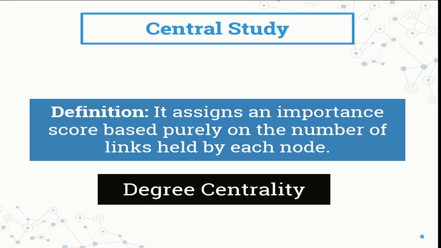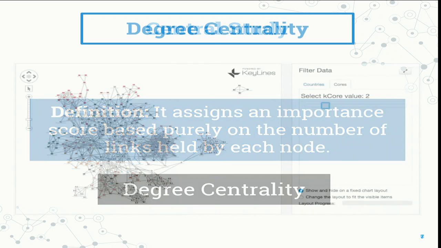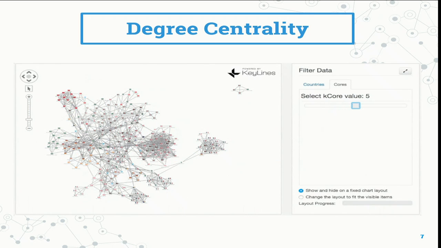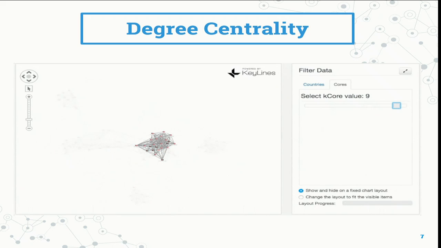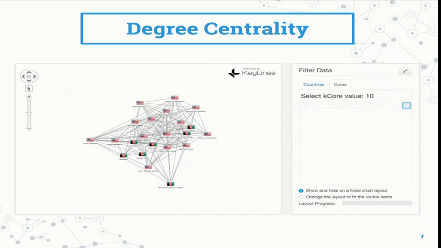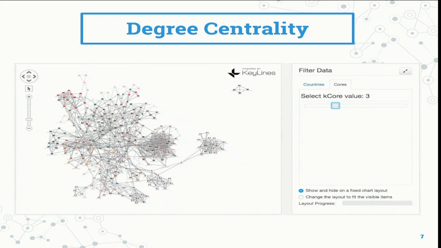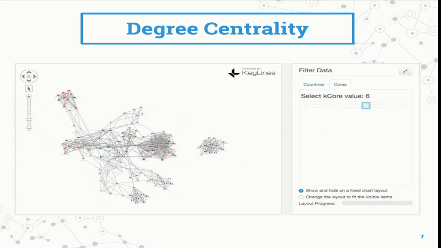Because sometimes you want to find the most connected individuals, the most popular one in the entire network, maybe the one with the most followers on Instagram, or friends on Facebook. Here is a quick illustration of how it looks. You can see that as it goes by, the degree decreases.